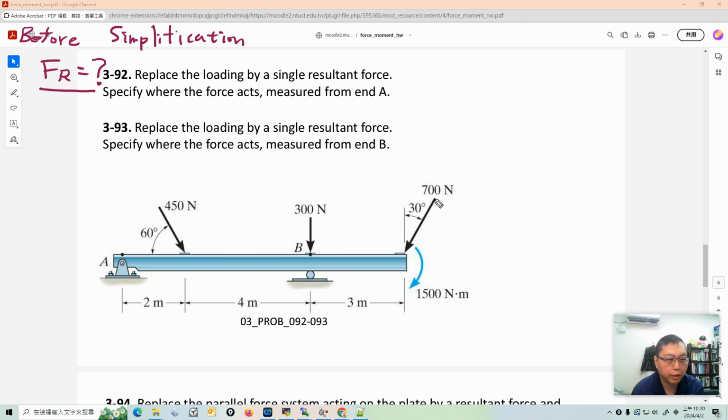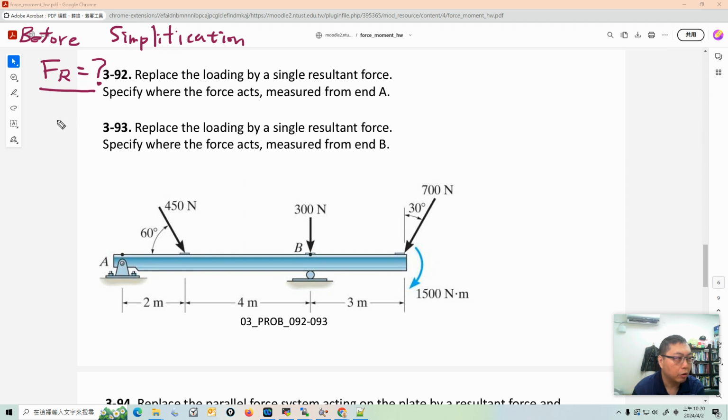This problem is very nice, because it's a 2D problem. So when we calculate the resultant force in a 2D problem, you only have to sum the resultant force in the X component and the resultant force in the Y component.